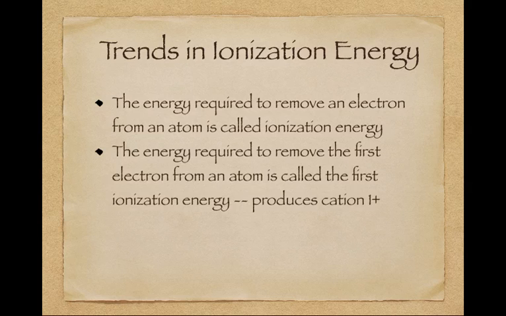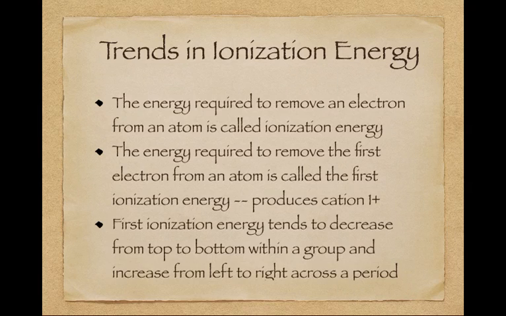There are different ones because we could take the first electron, the second electron, and so on. But we're going to talk about the first ionization energy, in other words, one that's going to produce a cation with a 1 plus charge. Those first ionization energies tend to decrease as we go from top to bottom within a group, and they increase from left to right.